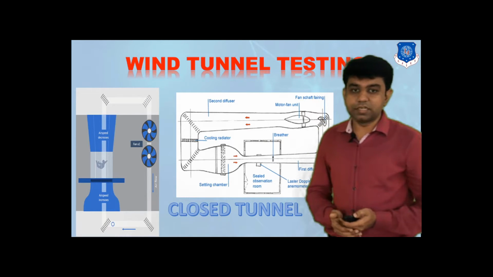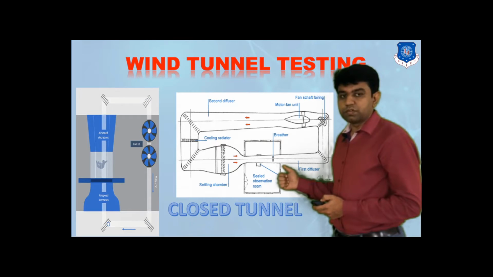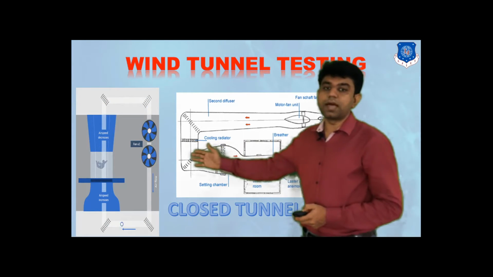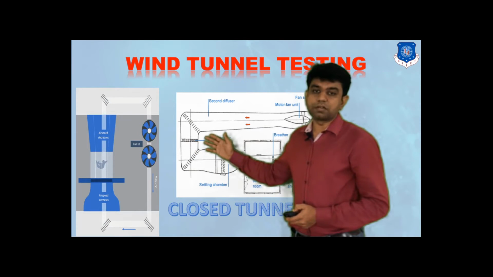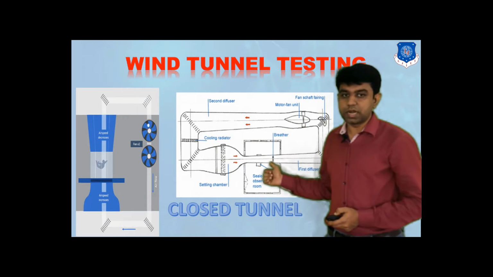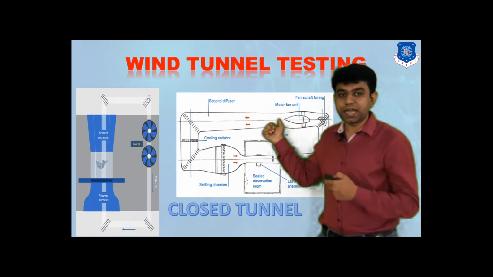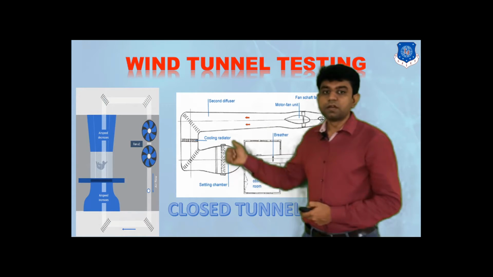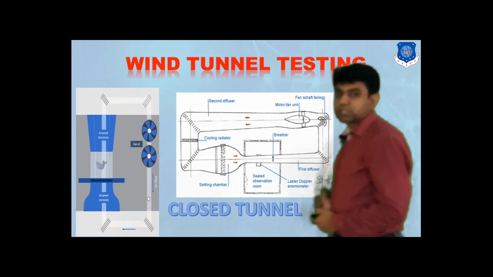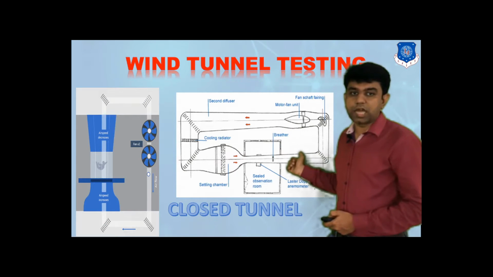The next category is called the closed wind tunnel system. From the diagram itself, you will get the idea of the difference. This apparatus is similar to what we had discussed right now, but the difference is that instead of taking fresh air every time inside the test section, we are circulating the same air inside one particular chamber. So that's why it is called a closed type of system.